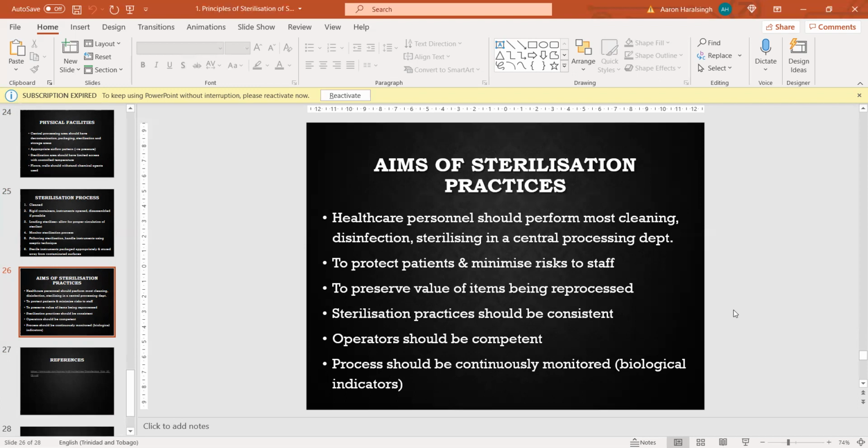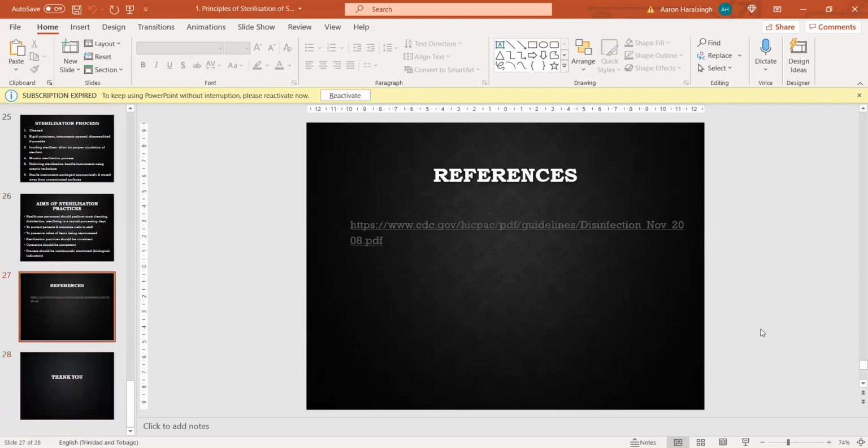It's all about infection prevention here. The other thing is that it is meant to preserve the value of the items being reprocessed. So you don't have to throw these items away. And these sterilization processes should be consistent, they should be monitored, the operator should be competent, and of course, the process needs to be monitored by biological indicators overall.